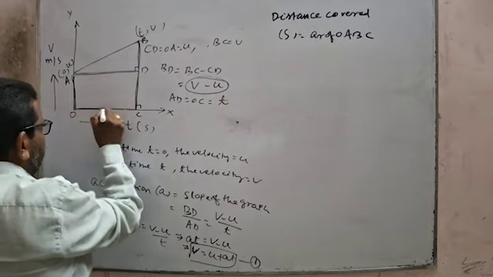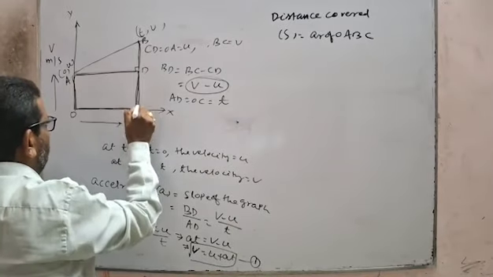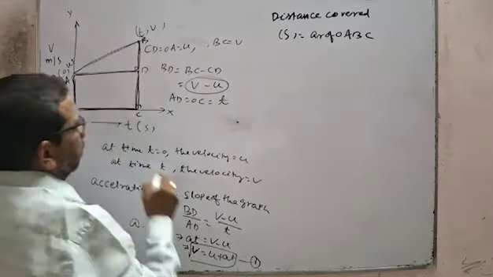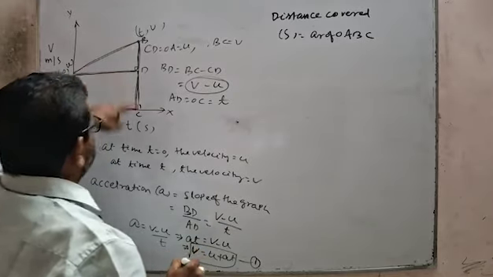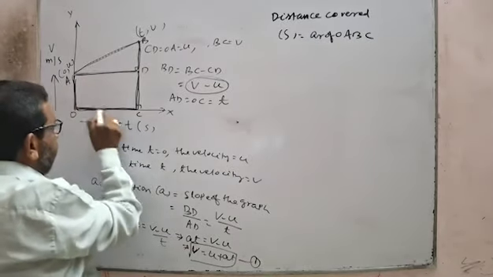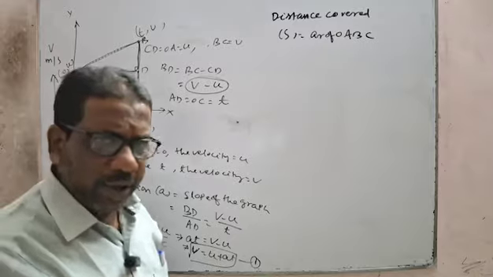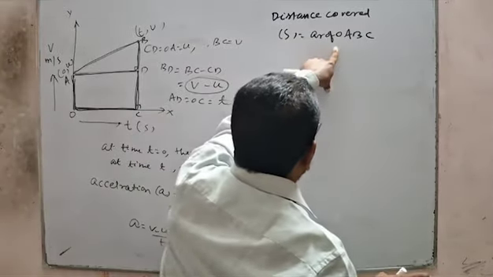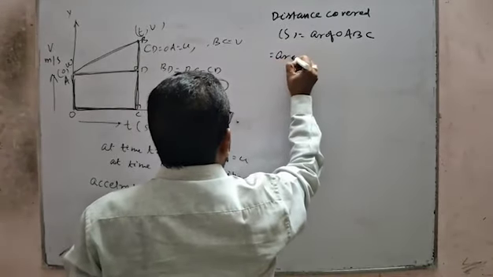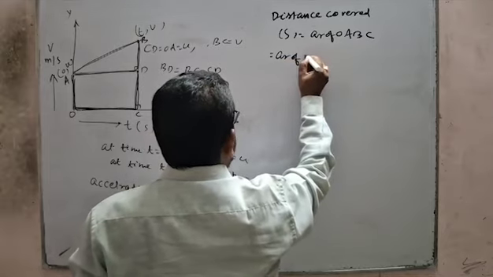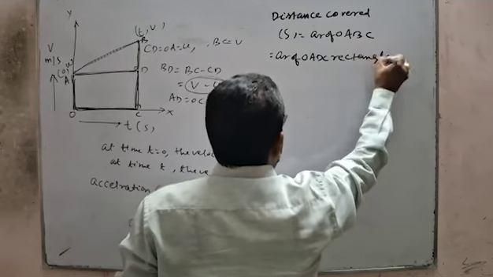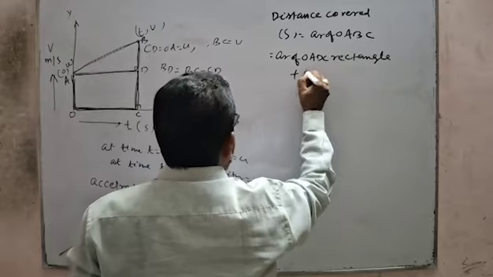Let us see this: OCDA is a rectangle and ABD is a triangle. If we add the area of the rectangle and the area of the triangle, we can find the area of OABC.